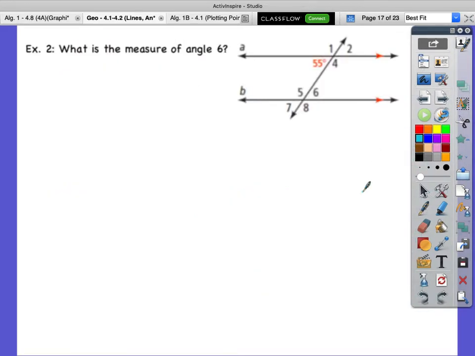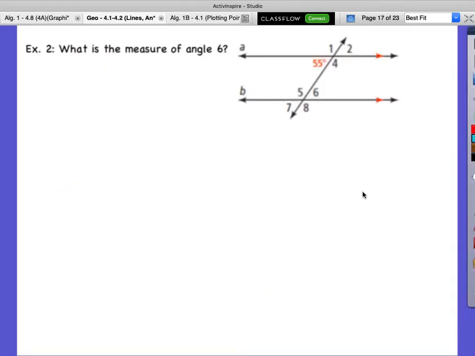Continuing on. What is the measure of angle 6? So don't blurt. I want you guys to figure out what the measure of angle 6 is. There's a couple ways you can do this. I'm thinking of two primary ways, but actually there's a lot of ways you can do it. There's always like 10 ways, because why not?